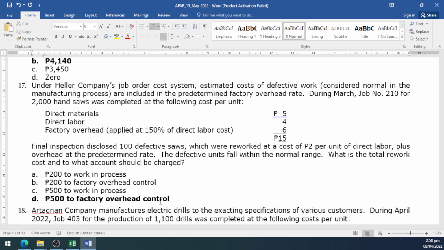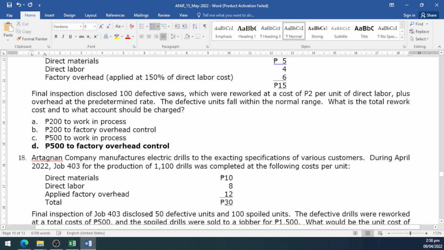Final inspection disclosed 100 defective, rework at a cost of 2 per unit, plus overhead at the predetermined rate, 150% ng DL cost, kaya 3 per unit, 150% ng 2 pesos. The total rework cost is 5 per unit. So, 100 times 5, total rework cost 500. I-charge yun sa factory overhead control.